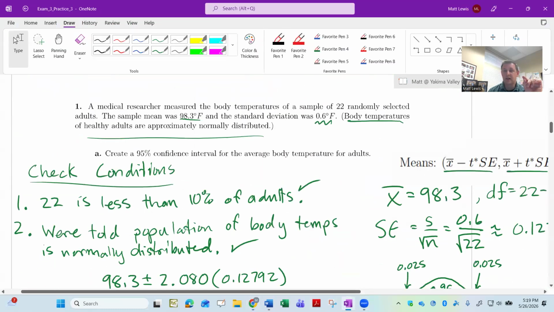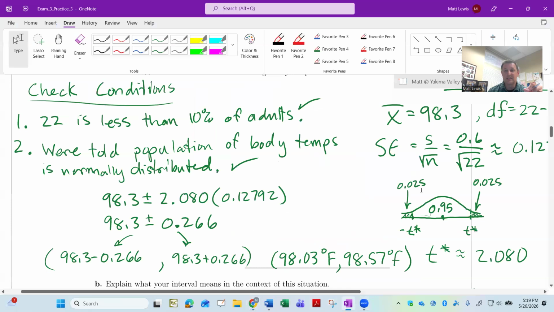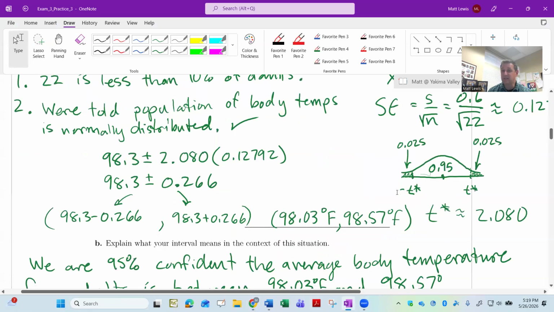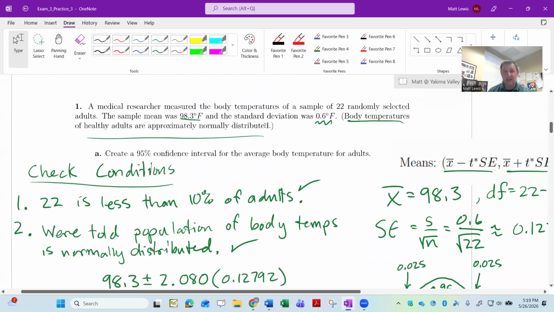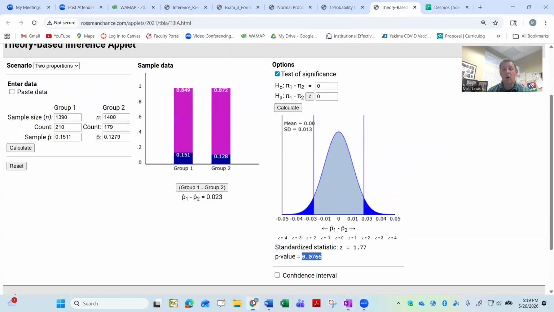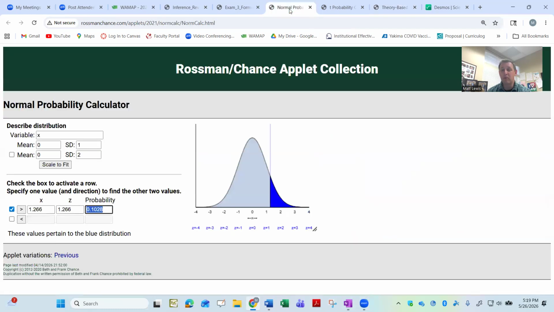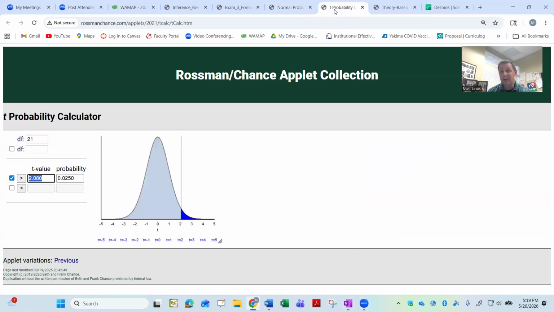One of the things I'm going to want to know from you is if you realize whether you're supposed to use T or Z. Based upon this type of problem, do you know which one is the appropriate one to use? So on the test, I would give you both a normal probability calculator and a T probability calculator in that problem, and you've got to decide which is the right one to use. Okay, just be ready for that and aware of that.